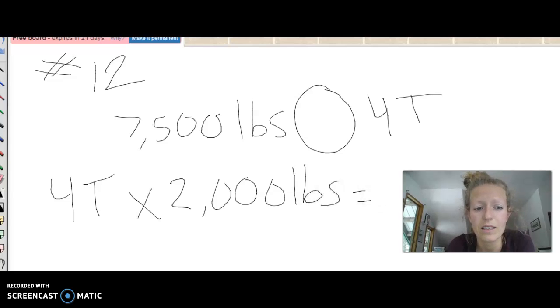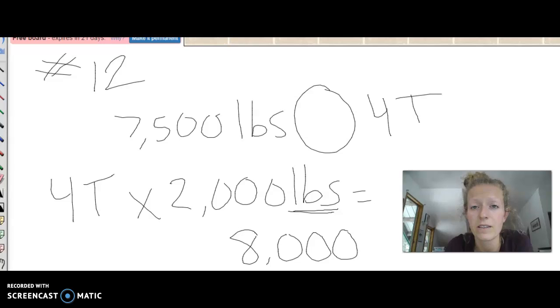What do I get? 4 times 2 is 8. And then my remaining zeros, 8,000. What are the units I end up with that I'm trying to compare? Pounds. And that's really important, guys. The key here is we want to end up with the same units so that we can compare measurements accurately.